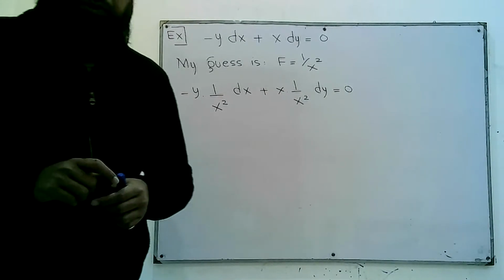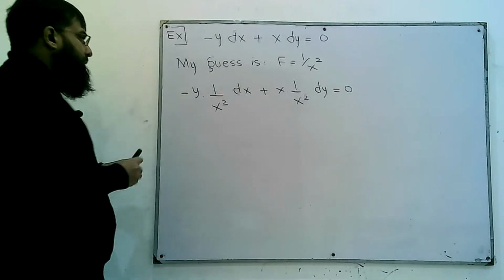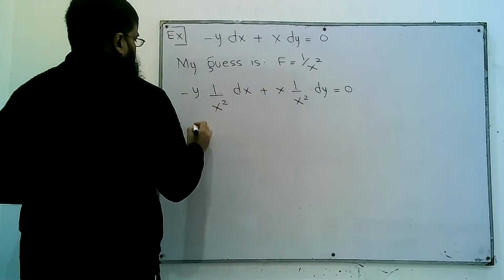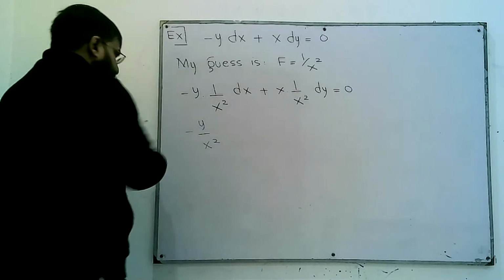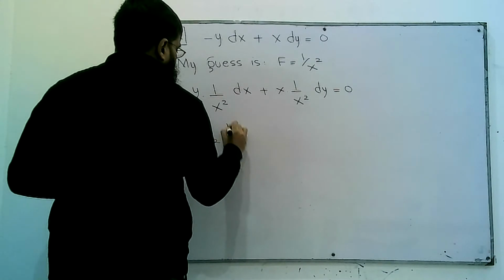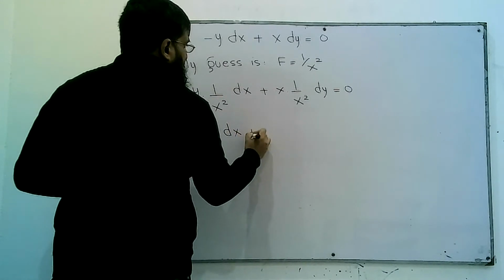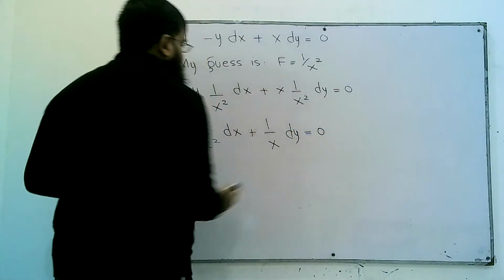So let's see what happens when we multiply this with 1 over x squared, my integrating factor. This comes out to be minus y over x squared dx plus 1 over x dy is equal to 0.